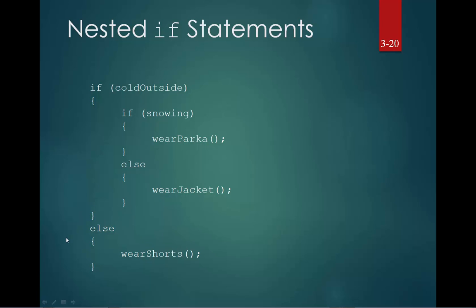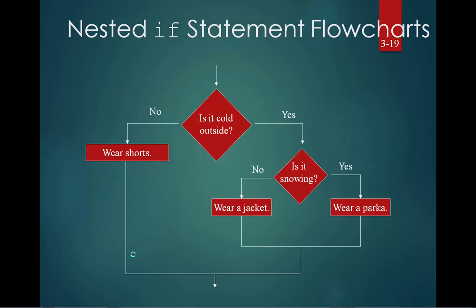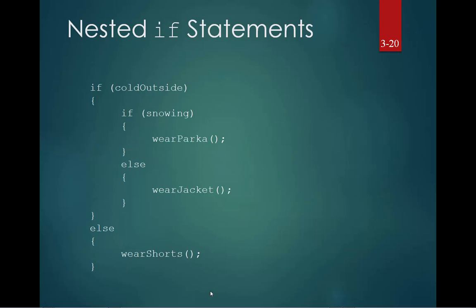It looks like the next thing you do is this else statement and wear shorts. But going back to this drawing, notice that isn't the case. We drop through. That's because we only execute this else statement if cold outside was false. These are the two alternatives: this block of code if it's true, this block of code if it's false.